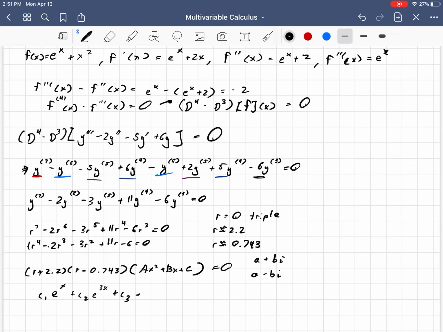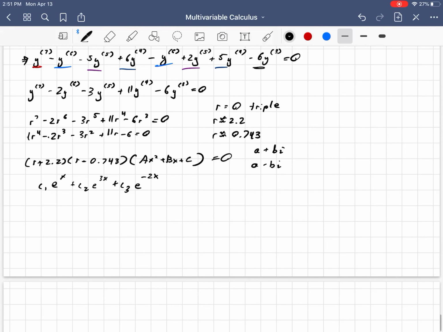I forget. Okay, the homogeneous solution was C sub 1 e to the x plus C sub 2 e to the 3x plus C sub 3 e to the negative 2x.